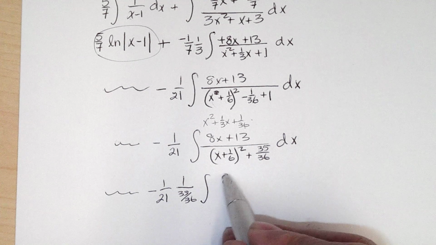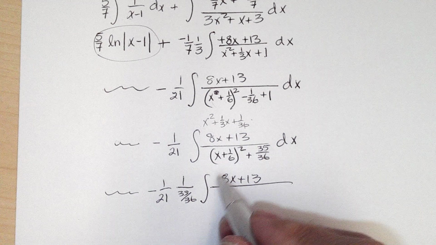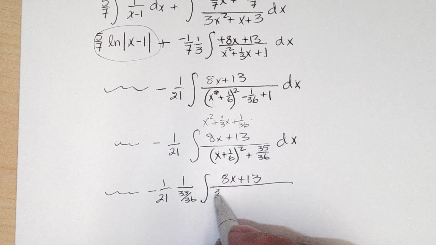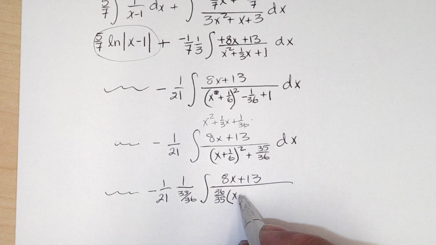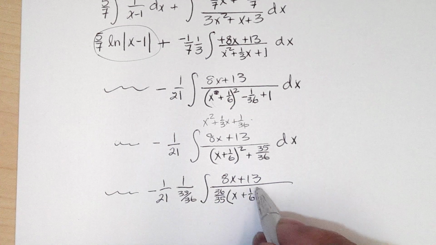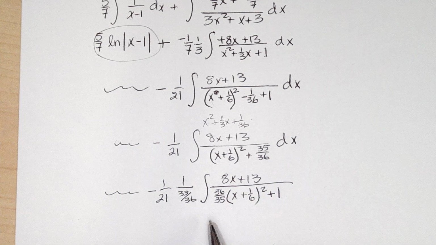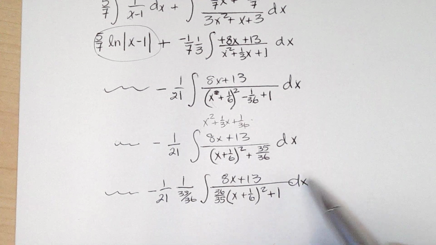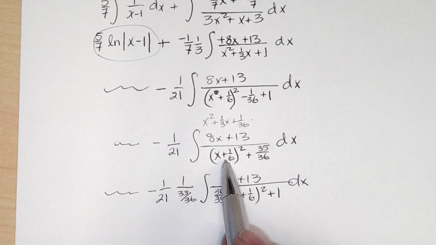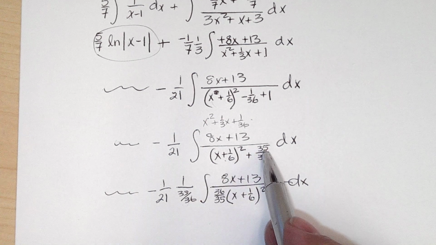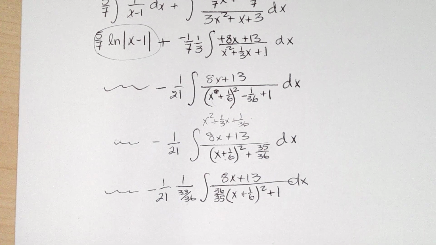So I would have 8x plus 13 over 36/35 x plus 1/6 squared plus 1 dx. Now just to clarify, this times this would be 1 times this, which I have, and this times this would be the 35/36. So you see how I'm factoring that out.